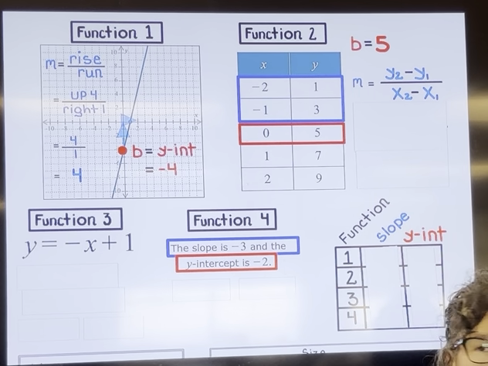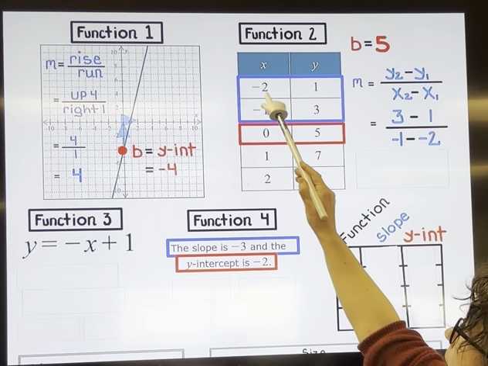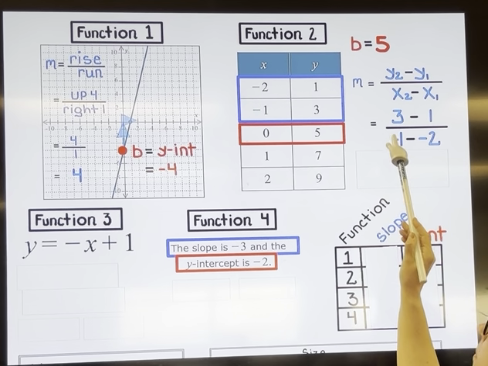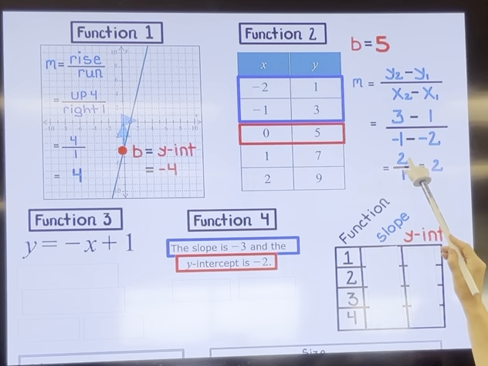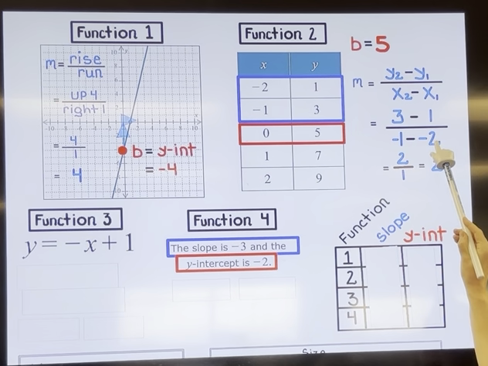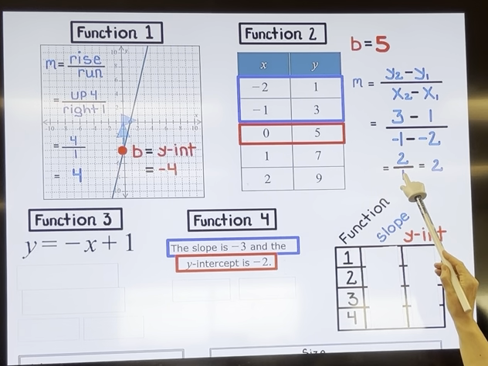So if we subtract our y's, that's going to be 3 minus 1 over, subtract the x's, -1 minus -2. 3 minus 1 is 2. -1 minus a -2 is -1 plus 2, which is 1. And 2 divided by 1 is 2. Okay, so we found our y-intercept, the point that starts with 0, and we found our slope.